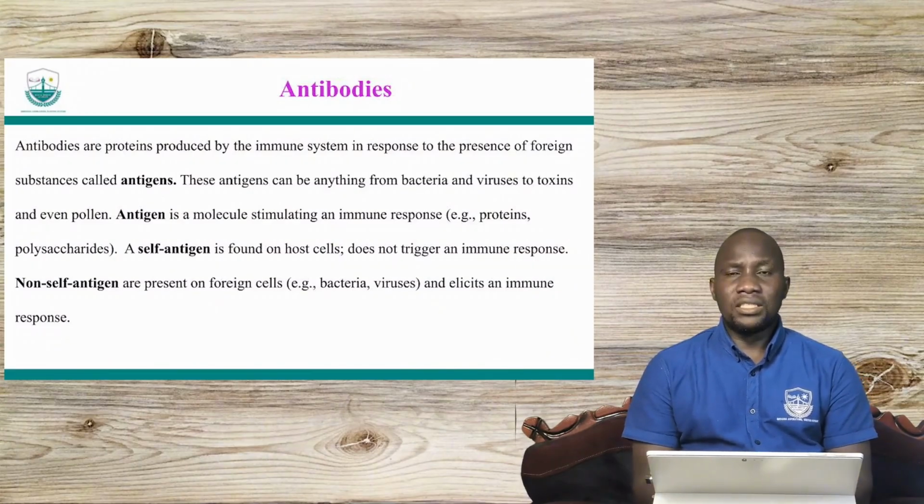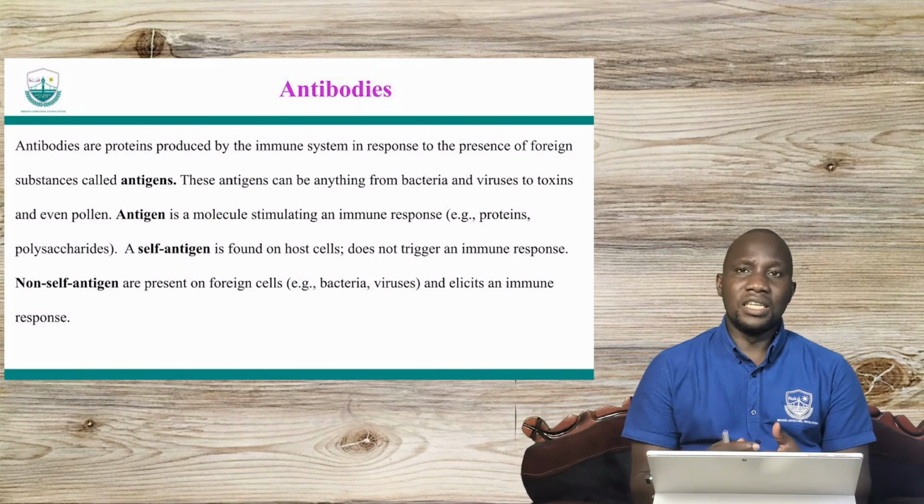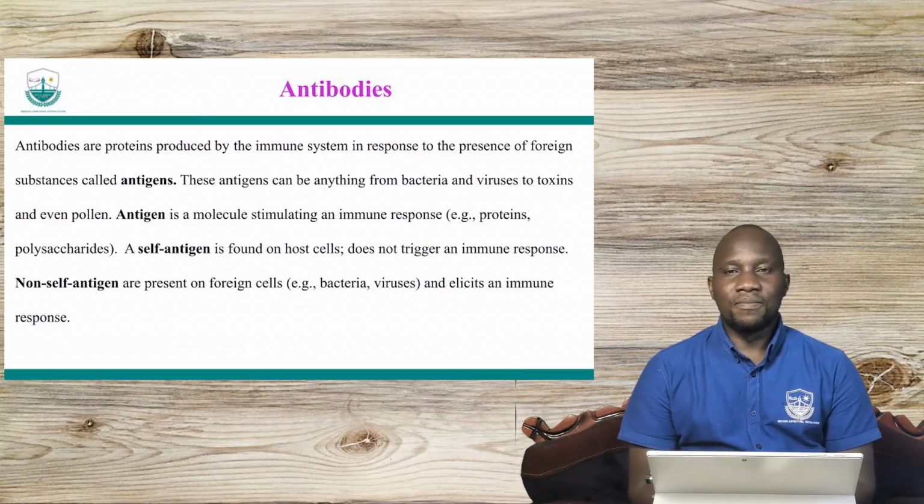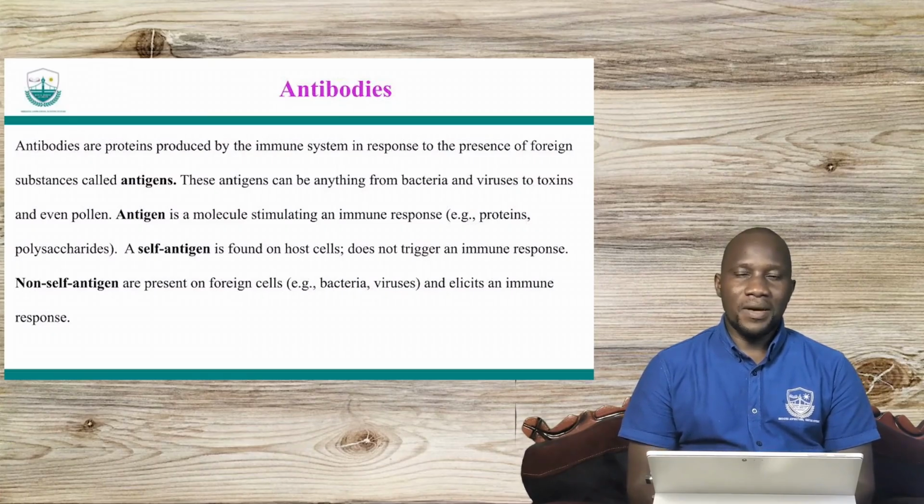So earlier on, I noted that antigens are actually of several kinds. Look at an antigen as an enemy. The enemy can come in different colors, different shapes, different heights, different ways. But definitely, if you're a good detective, you should be able to notice that this is an enemy.